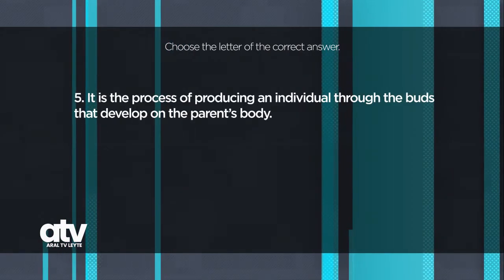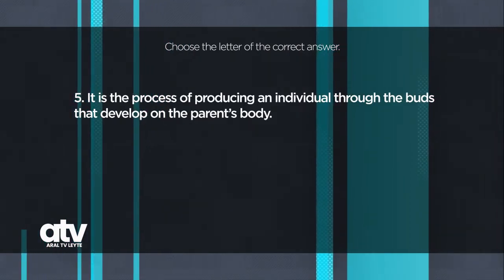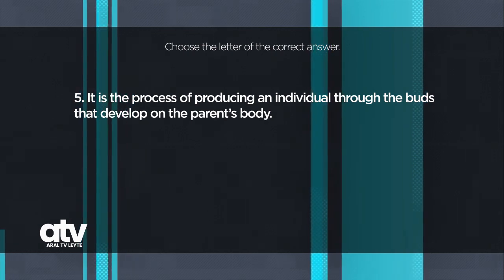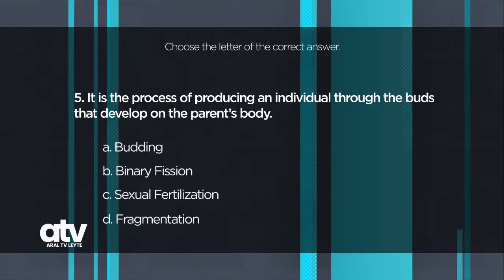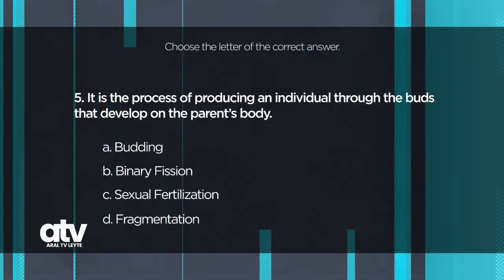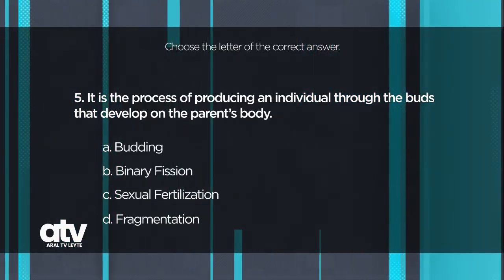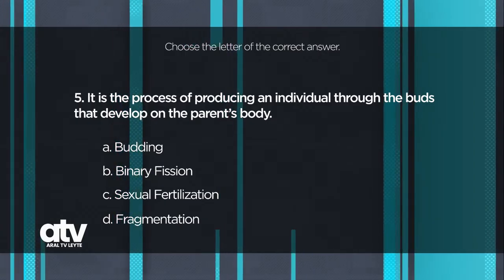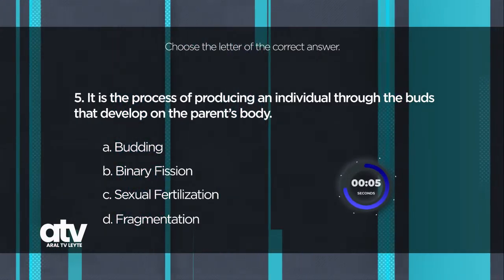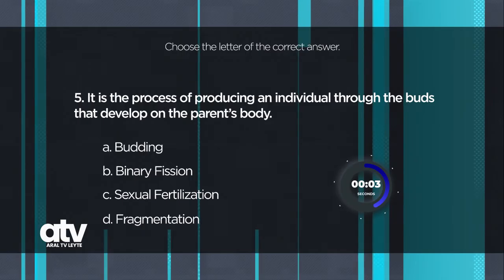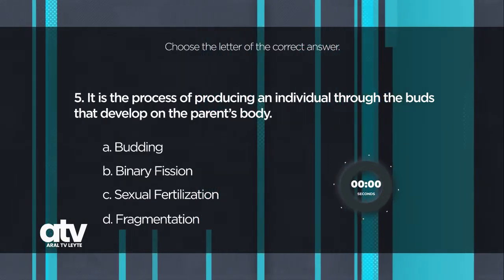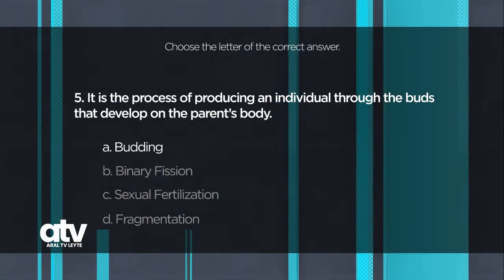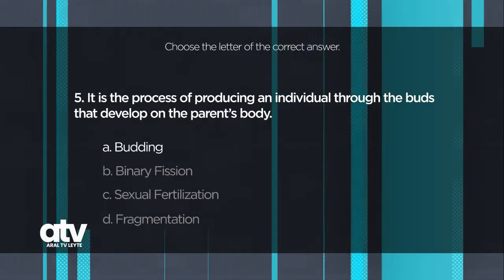Number 5. It is the process of producing an individual through the buds that develop on the parent's body. A. Budding, B. Binary fission, C. Sexual fertilization, D. Fragmentation. The correct answer is letter A, budding.